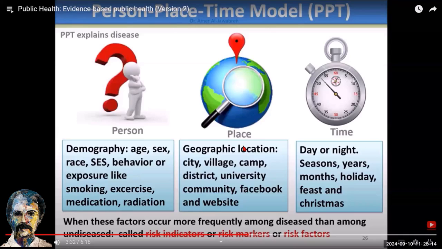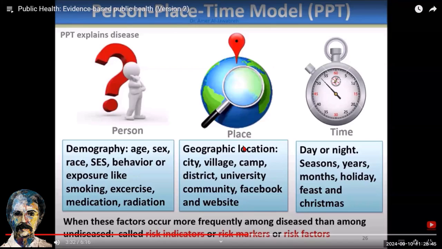Holidays also, feasts, Eid al-Adha, Eid al-Fitr, Christmas. People eat wildly at these times. After Ramadan, the Muslims eat a lot, salty fish, cakes. You exaggerate, and then you pay the price in terms of health. So time plays a role.